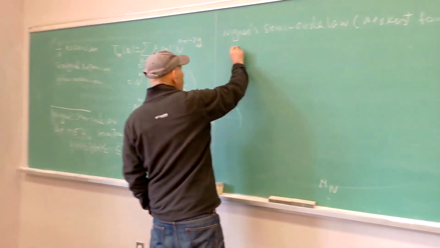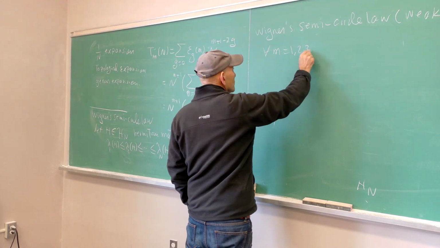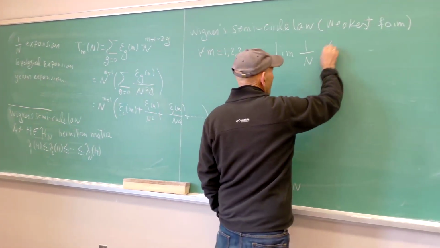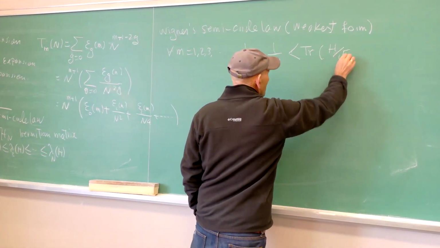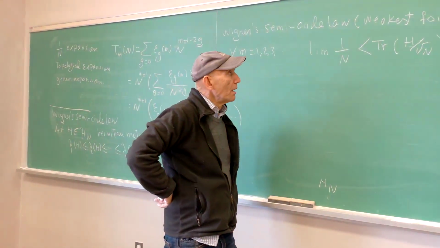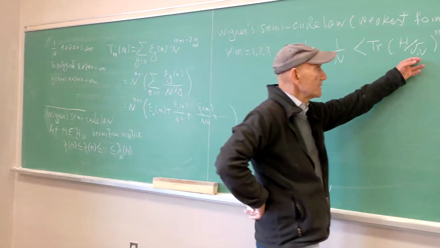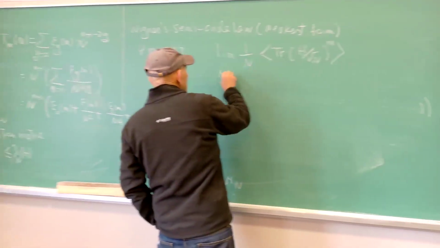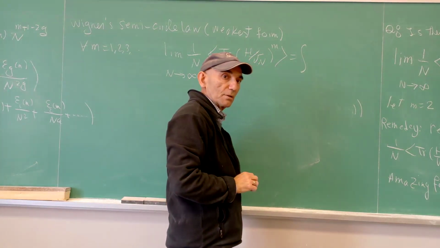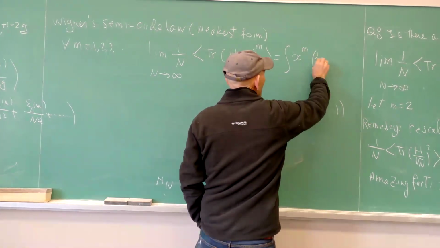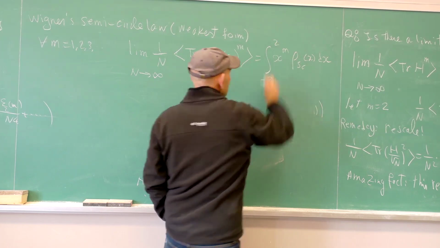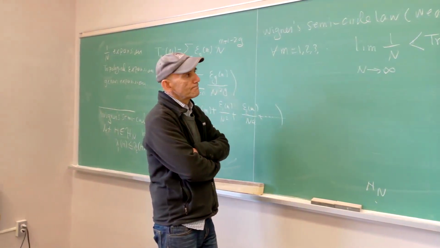In fact, for all n equal to 1, 2, 3, and so on, 1 over n, the average value of the trace of (H over root n) to the power m, this ratio of moments of rescaled GUE, as n goes to infinity is equal to the integral of x^m rho semicircle. I can just write from -2 to 2.